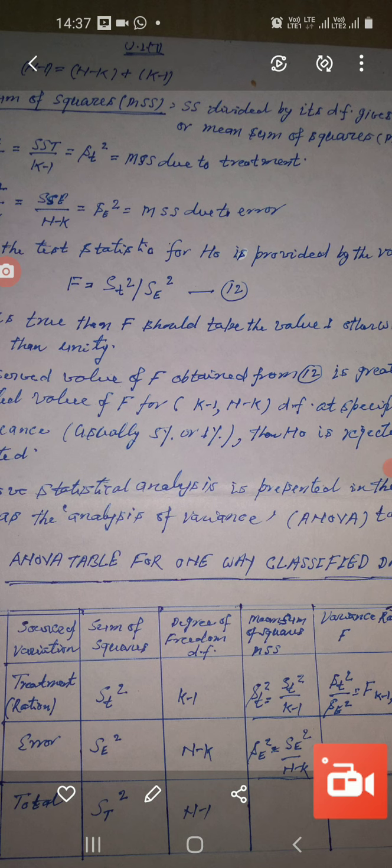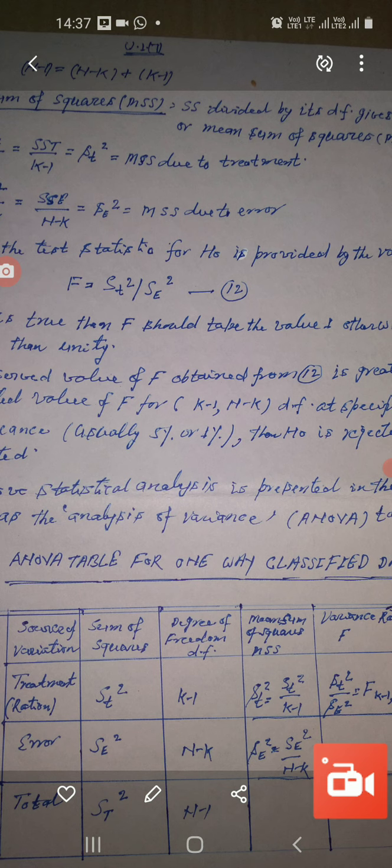Suppose breeds of anything, suppose pulse, rice, etc. The random allocation of different treatments over the entire field is known as randomization.